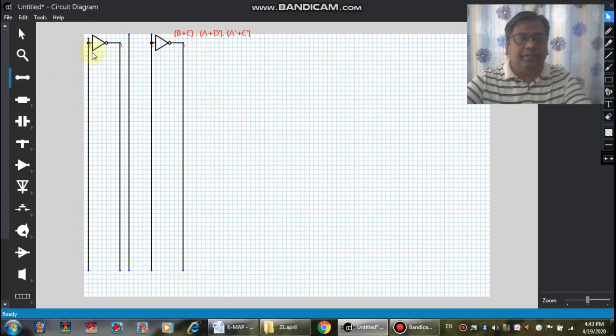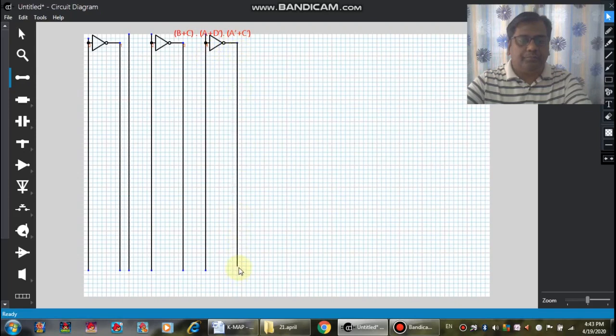Now we will create a line for D. For D we will also take a complement because we need a complement line. That means it's A, A bar, B, C, C bar, D and D bar.